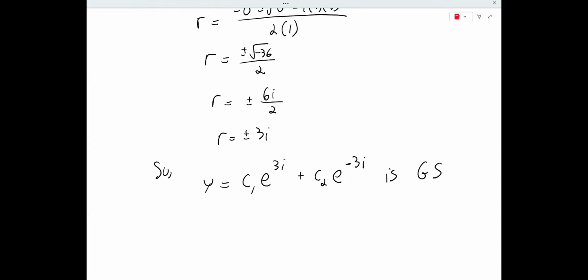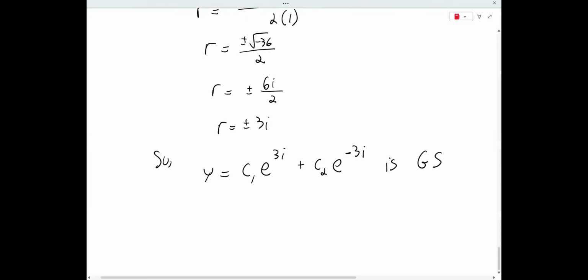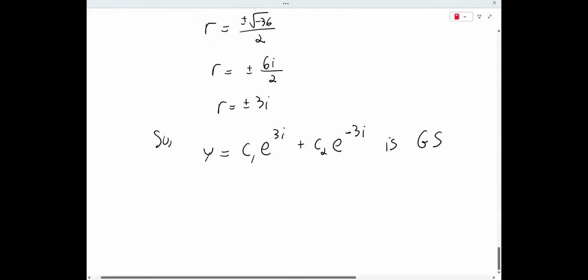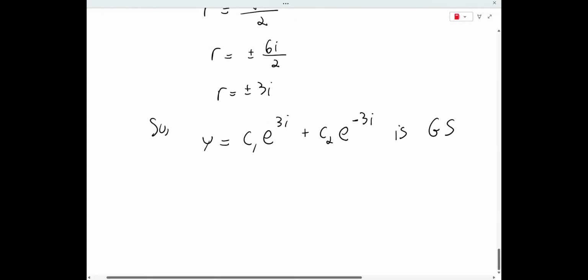This is actually an okay way to write the solution, but we really don't want to write it this way. We don't want to have the imaginary numbers in it. We need some way to get rid of those imaginary numbers, so we just get real-valued functions instead of these complex-valued ones.